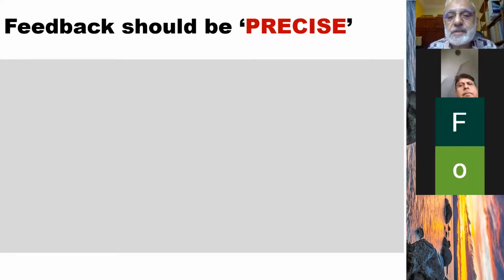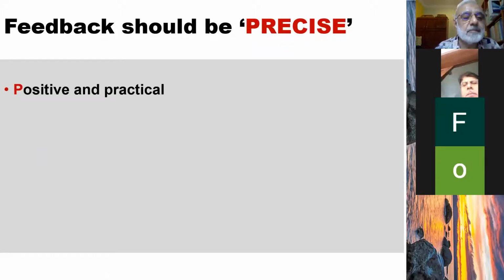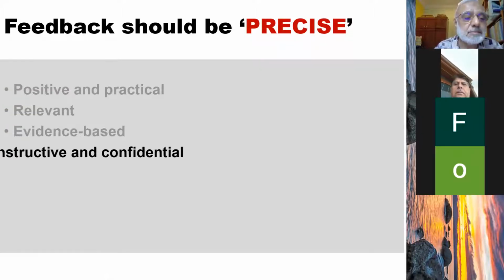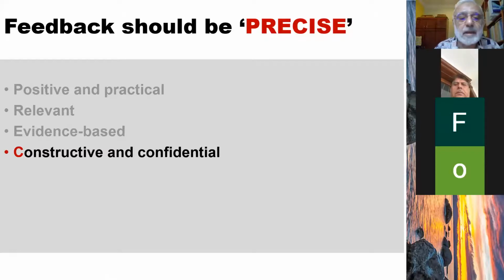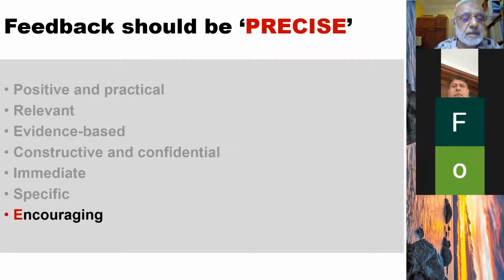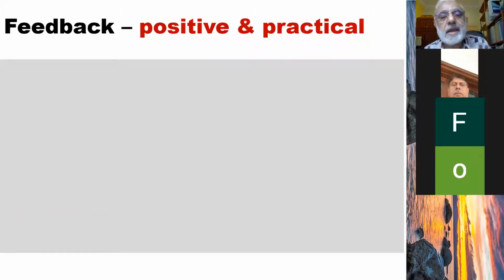Feedback should be PRECISE. This is an acronym: the feedback should be positive and practical, relevant, evidence-based, constructive and confidential, immediate, specific, and encouraging. Feedback has to be positive and practical.